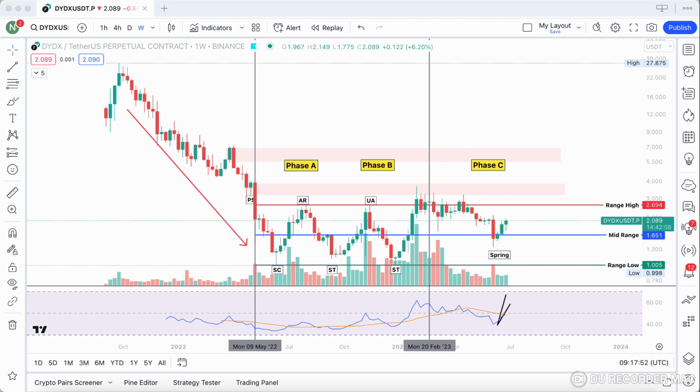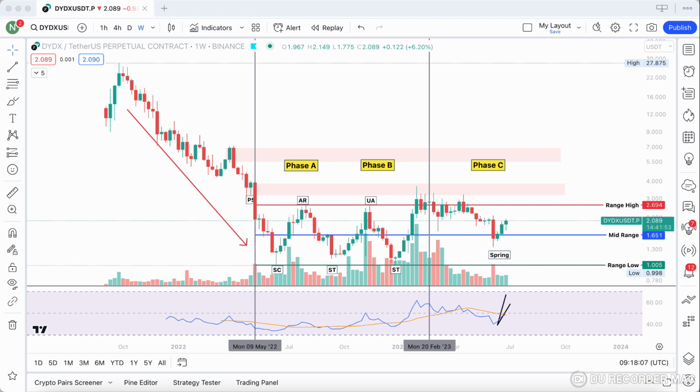Now, before I proceed, maybe not all of you are familiar with the Wyckoff method and Wyckoff concepts, so I will put it as simply as possible.